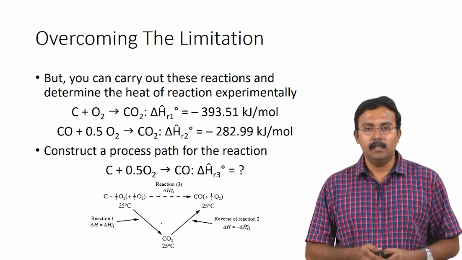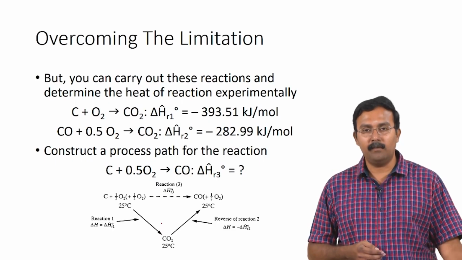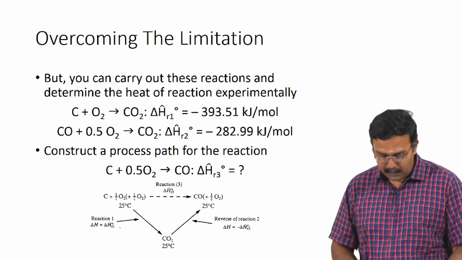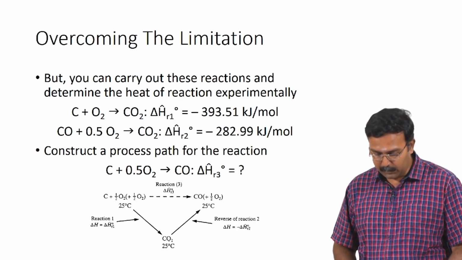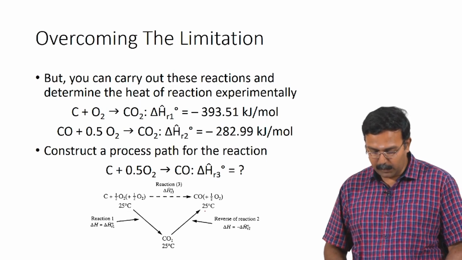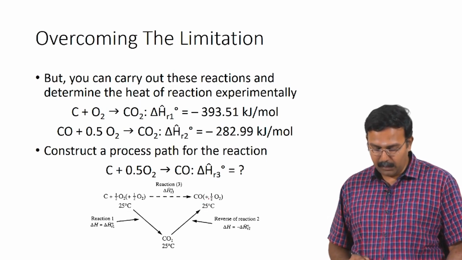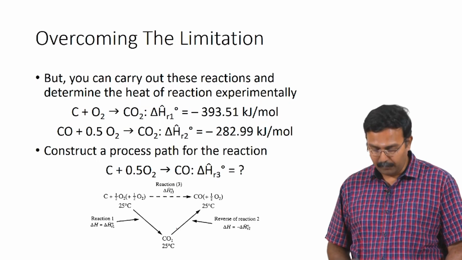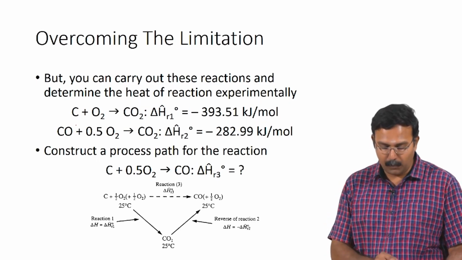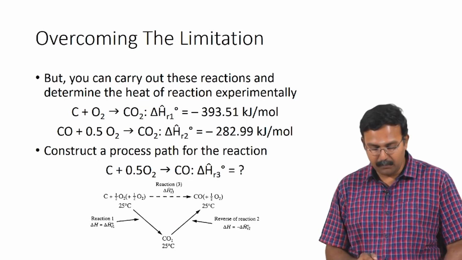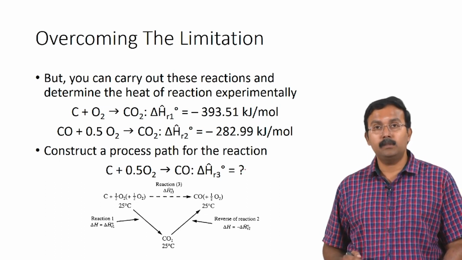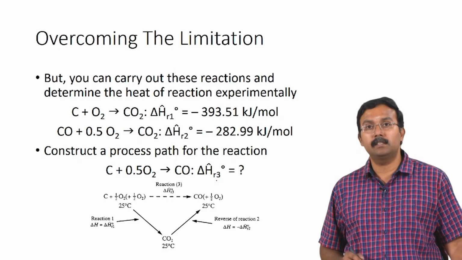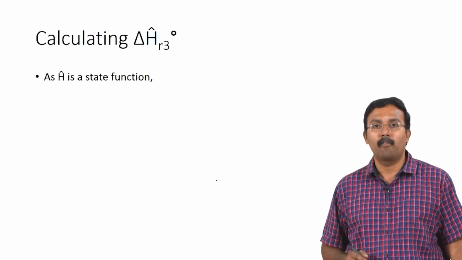This would mean the reaction of interest is basically the first step, where carbon plus oxygen forms carbon dioxide, and from carbon dioxide you have carbon monoxide being formed with half of oxygen. So, the first step is reaction 1, and the second step is the reverse of the second reaction. Using this we can calculate the heat of reaction for the desired reaction.